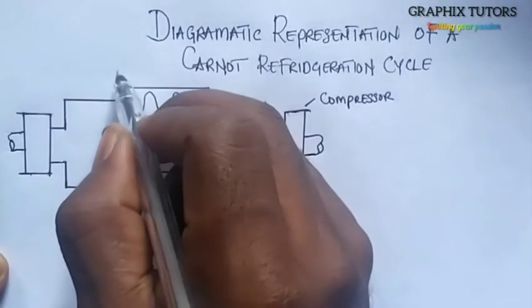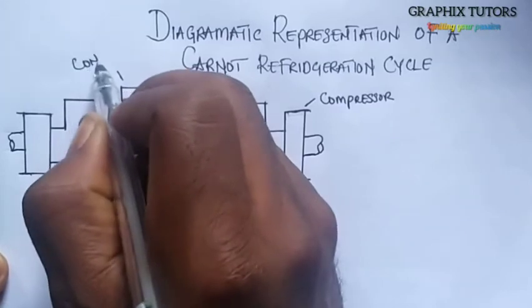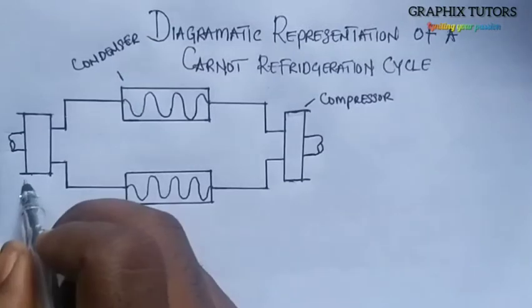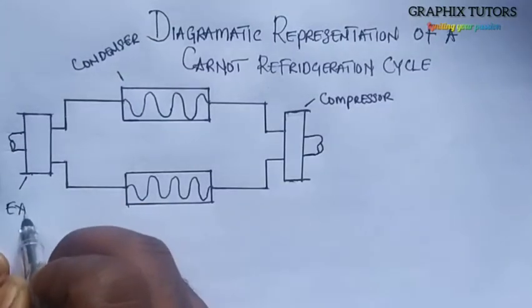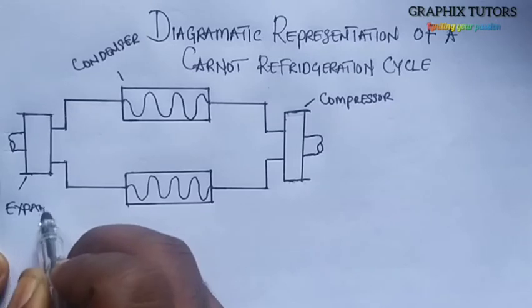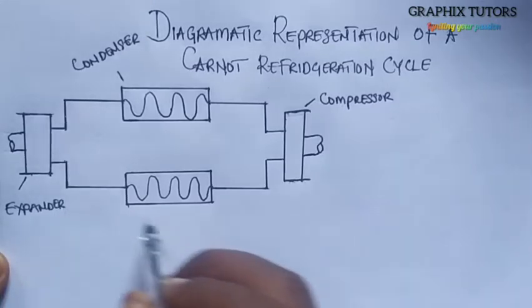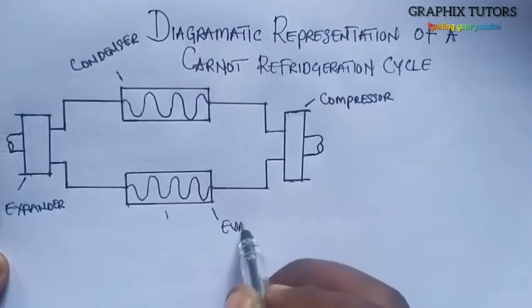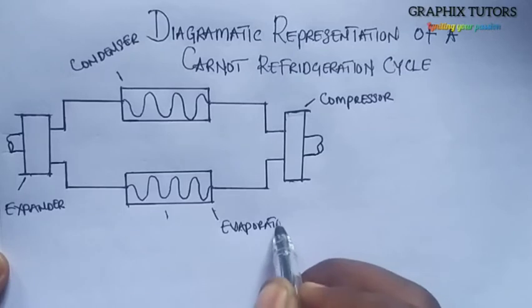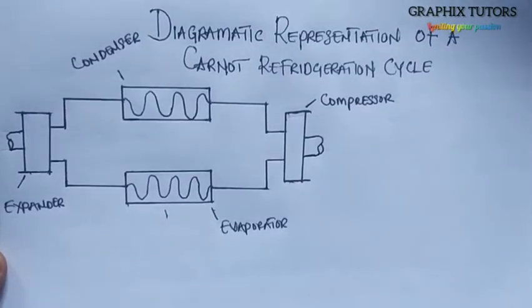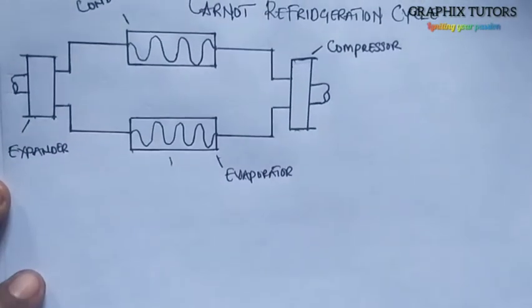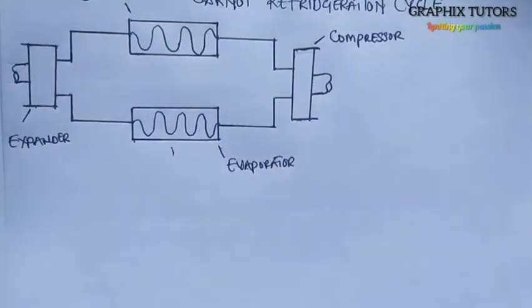This one represents the condenser, this one represents the expander, and this one represents the evaporator. So these are the 4 components. Just like we have 4 components here, we also have 4 processes that this cycle undergoes. So we go to the processes.